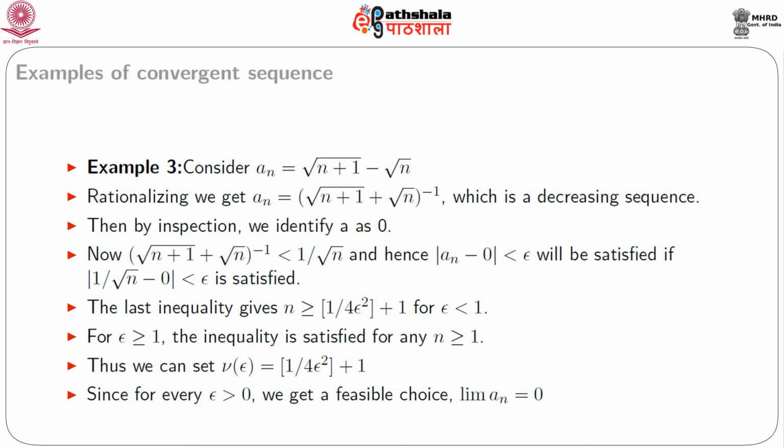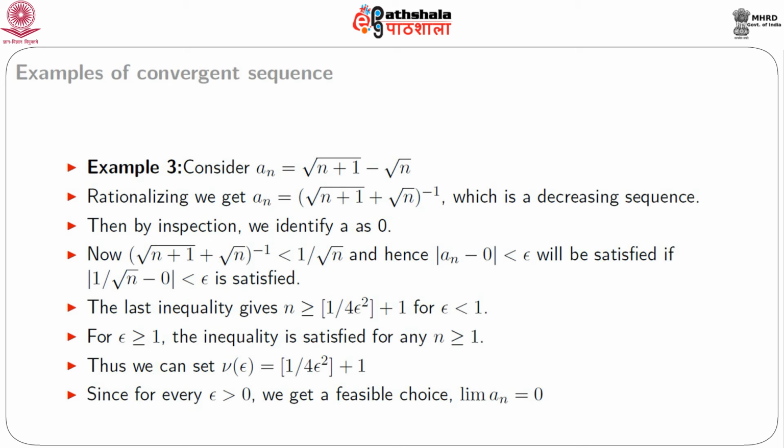Now the last inequality, that is the absolute value of 1 by square root of n minus 0 less than epsilon, gives n greater than or equal to 1 by epsilon square, box of 1 by epsilon square plus 1, whenever epsilon is less than 1, and for epsilon greater than or equal to 1 the inequality is satisfied for every n greater than or equal to 1.